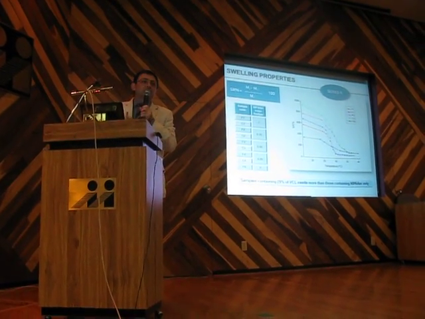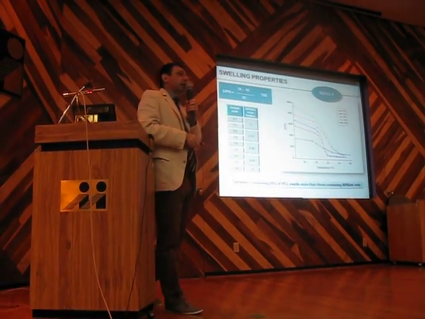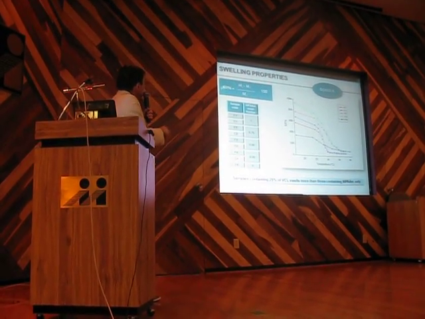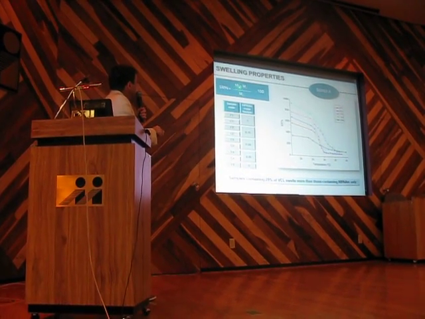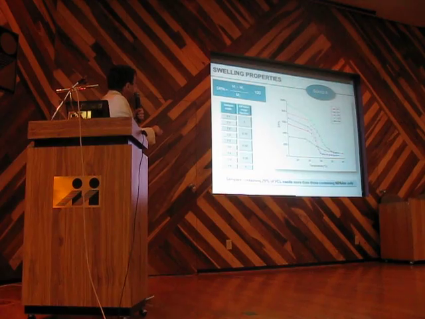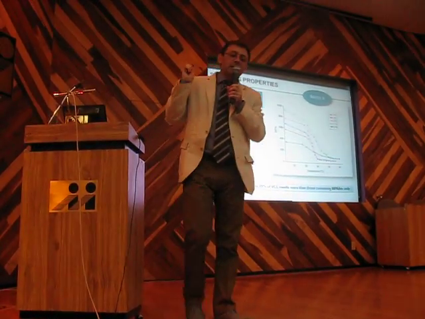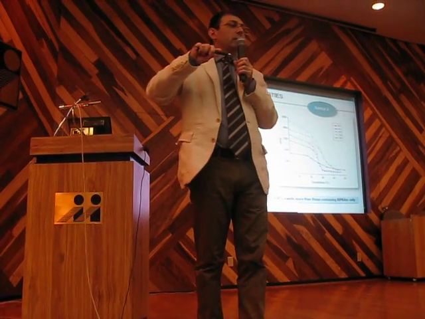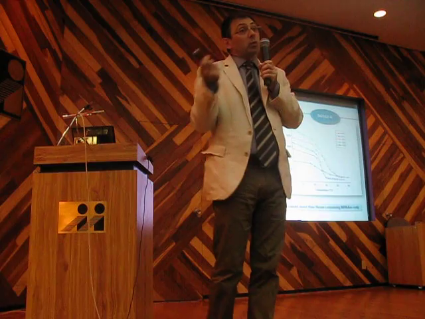But we are interested in the thermoresponsive behavior, so we measured the swelling properties. The swelling ratio is defined by this formula, (MS minus MD) over MD. MS is the mass of the swollen gel. MD is the mass of the dry gel.